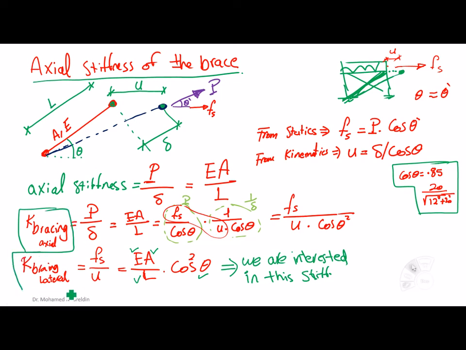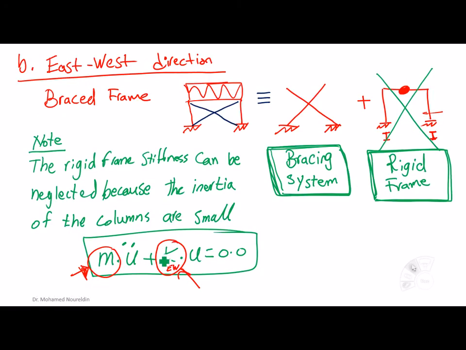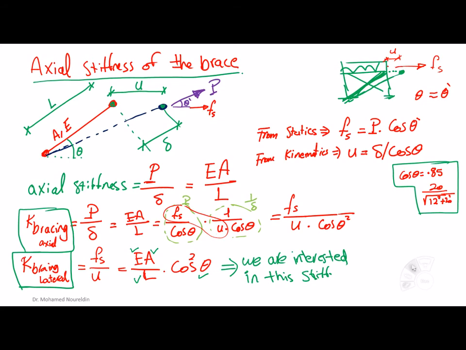Because the lateral stiffness is our main concern for the equation of motion. If we go back to the equation of motion, K means how much resistance the system is going to offer the mass when there are forces being applied here. So we want to know the shearing resistance here. That's what we are concerned with.